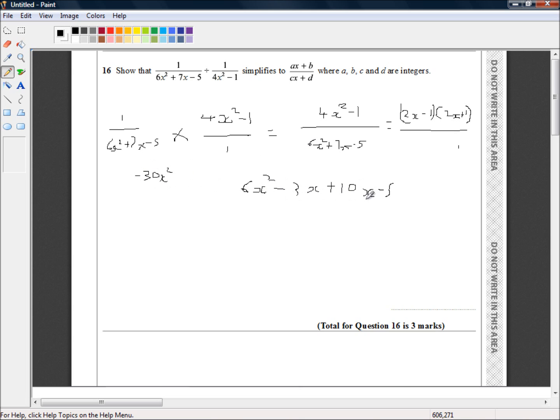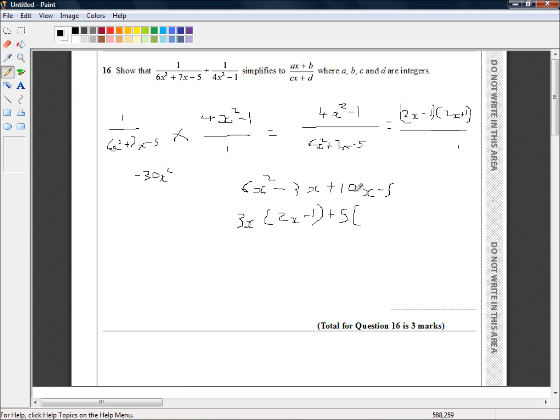Okay, so now I've got this. I'm going to look for common factors here, and 3x can come out of this first half, so I can split this into 3x into 2x minus 1. And now I'm adding, and now these two terms, I can factor out 5. I can't factor out any x terms, but I can factor out a 5.